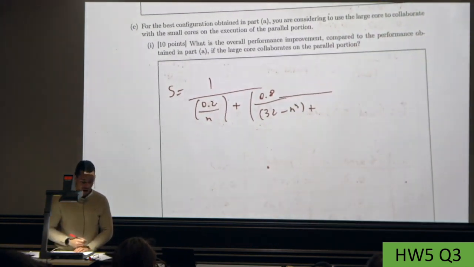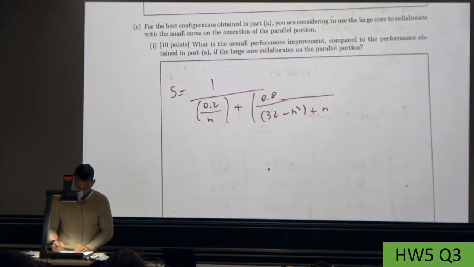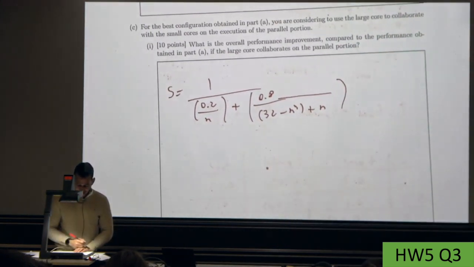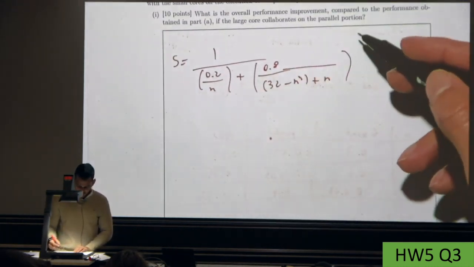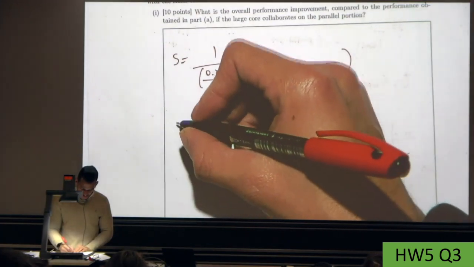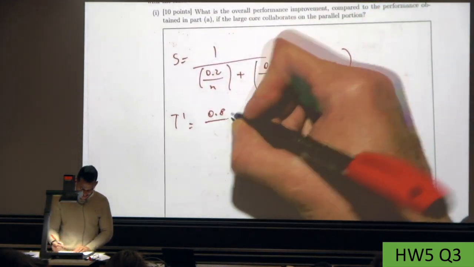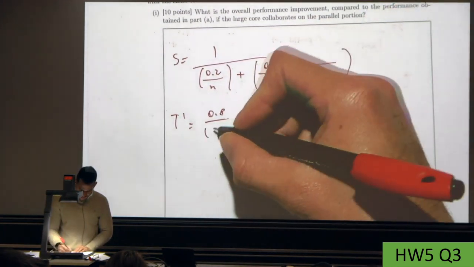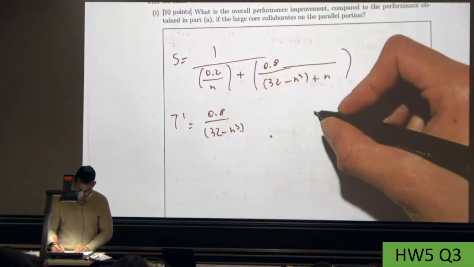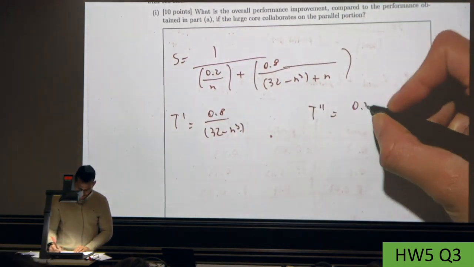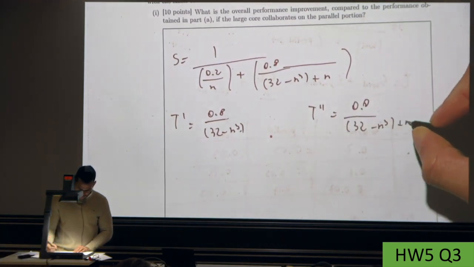But now you have help from the larger core in the parallel portion. Before, the parallel portion was taking 32 minus n cubed, and now it is going to take 32 minus n cubed plus n.